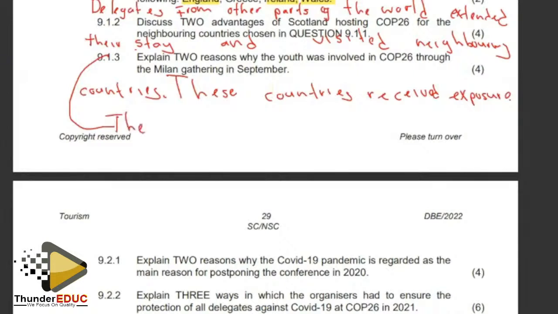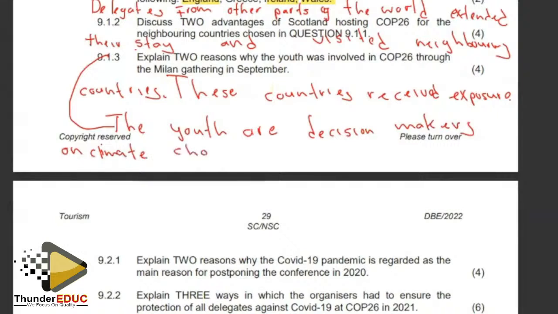The youth are decision makers on climate change in the future.